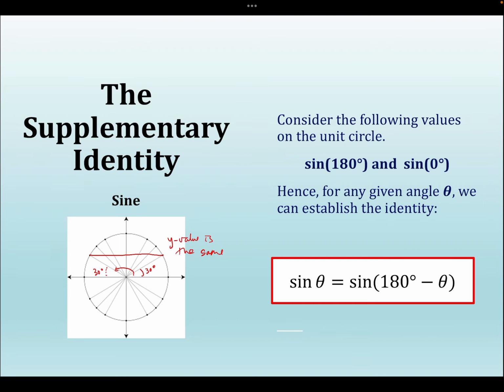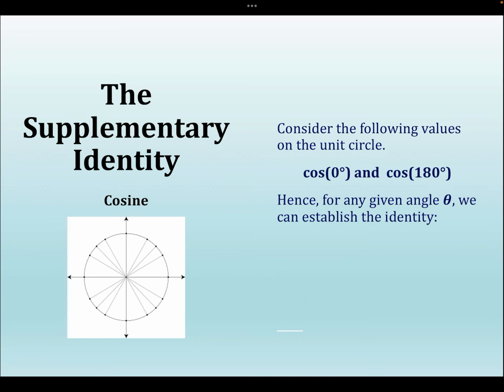Therefore, we could say that sine theta equals sine 180 degrees minus theta. Y equals y. The next one, let's think about the supplementary identity. Again, let's consider cos theta and cos 0 degrees and cos 180 degrees. Right opposite.